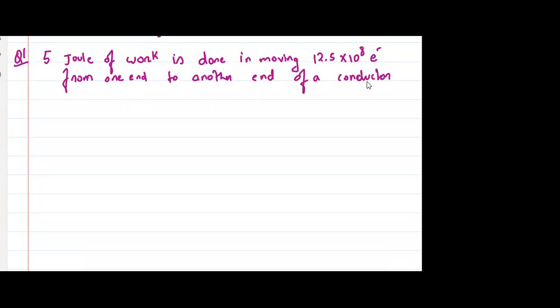What is the potential difference between the two ends? Very easy formula. Tell me.